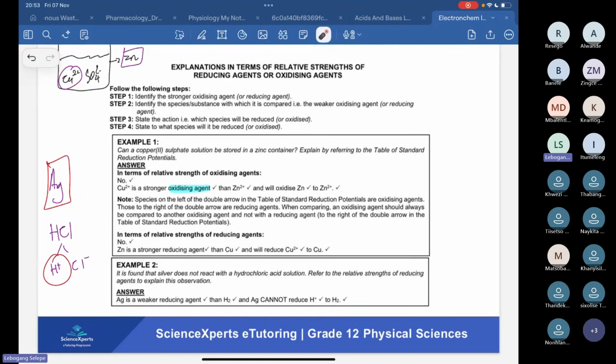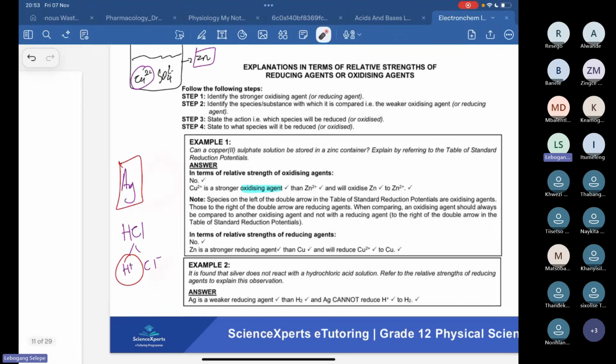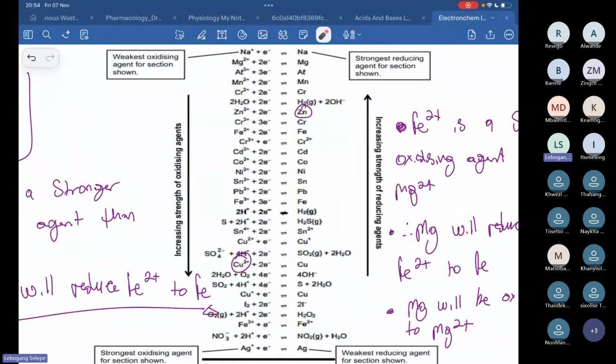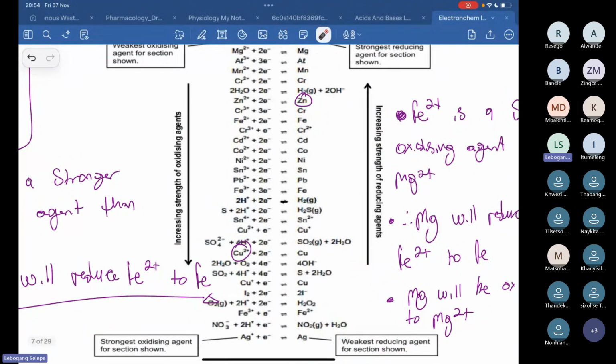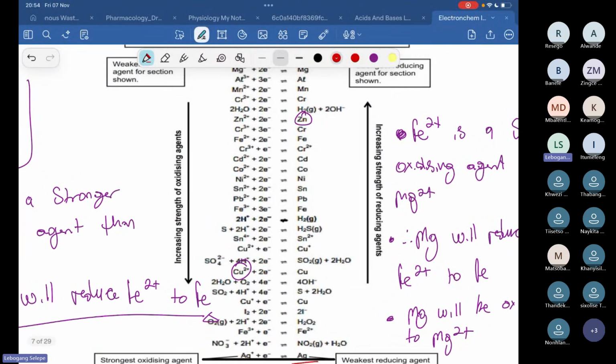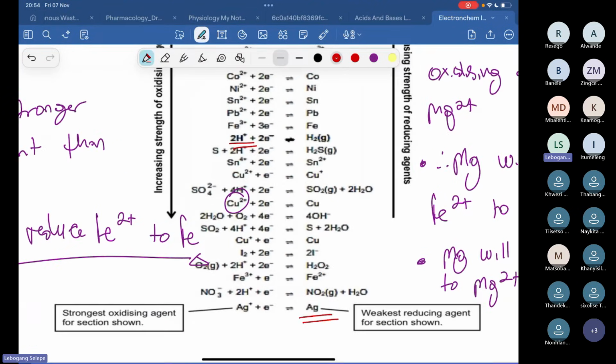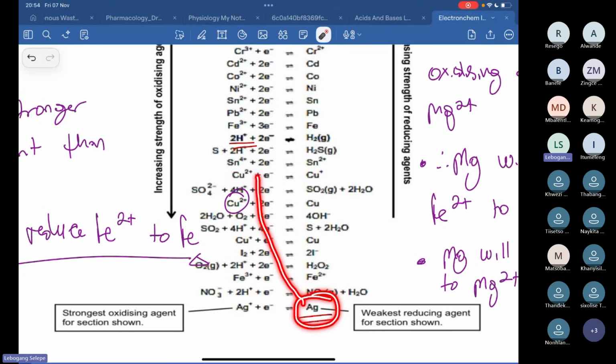Now let's go to the table and compare Ag and H+, to see if a reaction will take place between the two. Ag is here, and H+ is up there. As you can see, Ag is below H+, so you cannot donate to what's above you. But we have to explain using oxidizing and reducing agents.